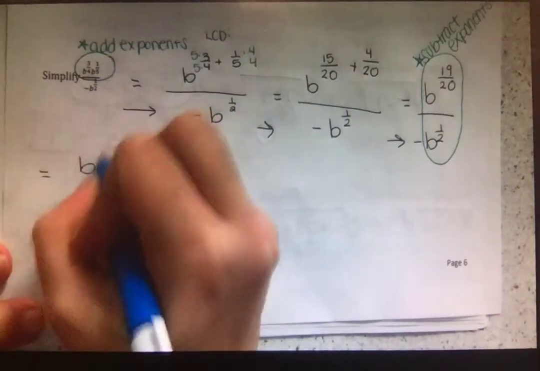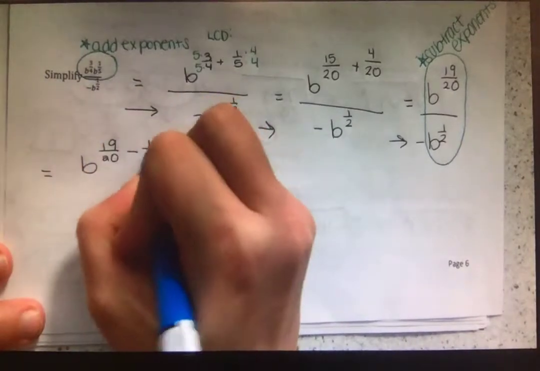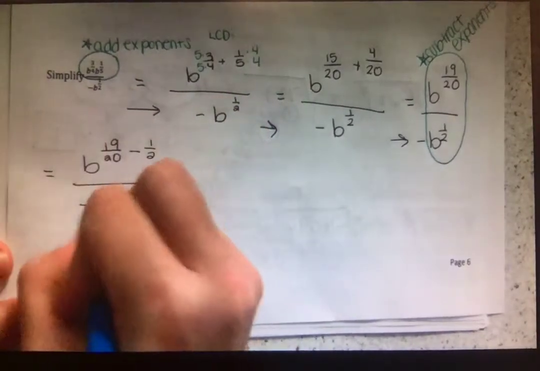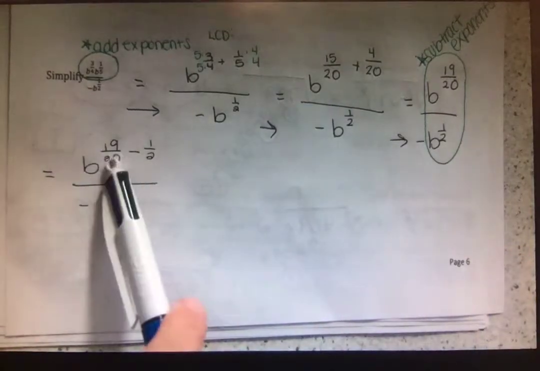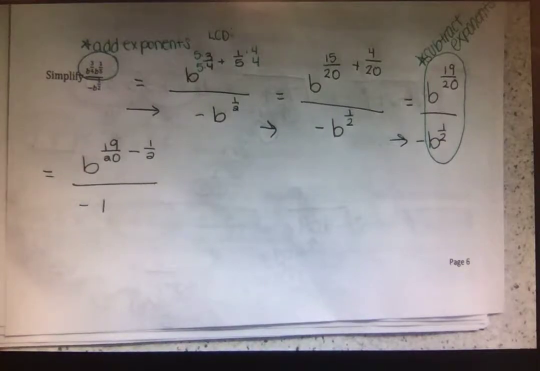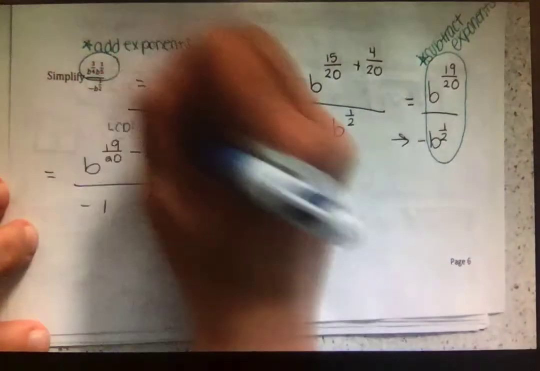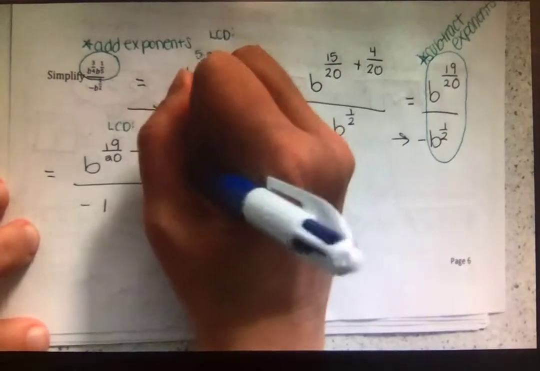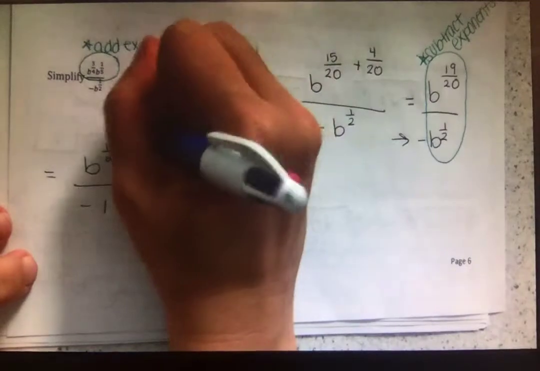So we have b to the 19 over 20 minus 1/2, all over that negative 1. Don't forget that negative's down there still. Again, 19/20ths minus 1/2. We have to get a common denominator, which in this case our LCD should be 20. So we're going to multiply the top and the bottom by 10. This one's already 20, so it's good to go.